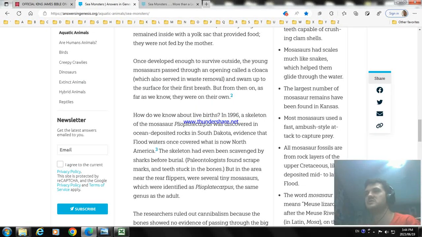Mosasaurs had scales much like snakes that helped them glide through the water. The largest number of mosasaur remains have been found in Kansas. Most mosasaurs used a fast ambush-style attack to capture prey.